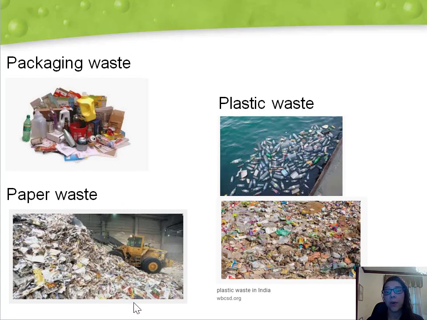And we see paper waste shown here. Of course, this is if the waste is separated out into paper and plastic. Packaging waste is all kind of mixed together, right? It could be metal, it could be plastic, it could be paper products, and this would be what our recycling bins at home would look like.